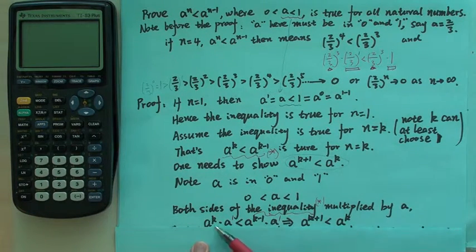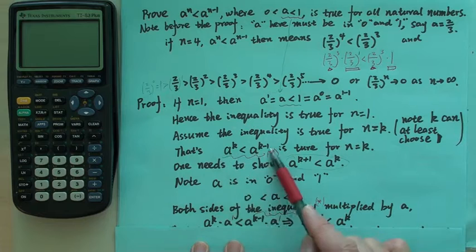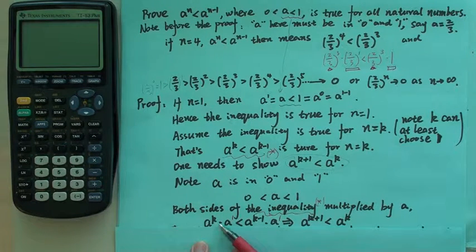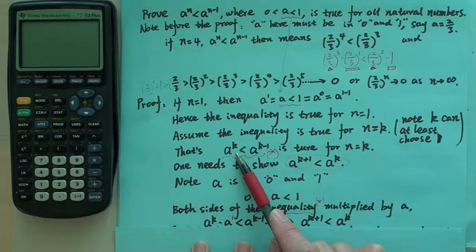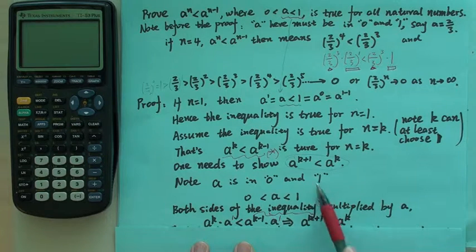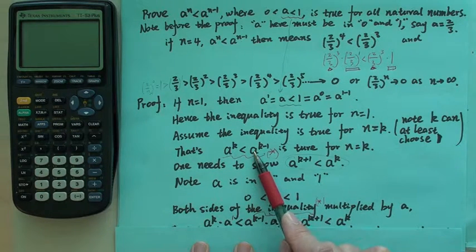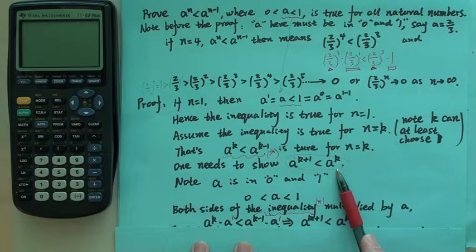It was a to the k less than a to the k minus 1. If you multiply by a on both sides, the left-hand side will be a to the k plus 1. The right-hand side is a to the k plus 1 minus 1. So you cancel positive and negative 1, and you get that. So from here to here, you just need to multiply by a on both sides. Under this assumption, this is an easy result.